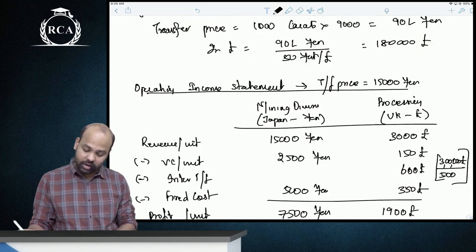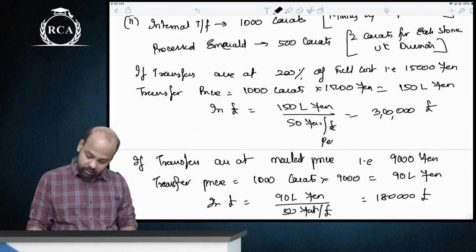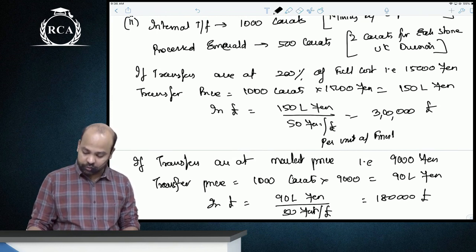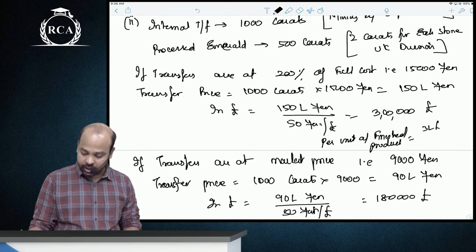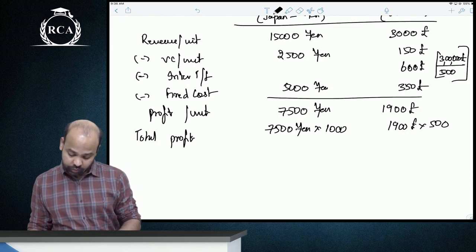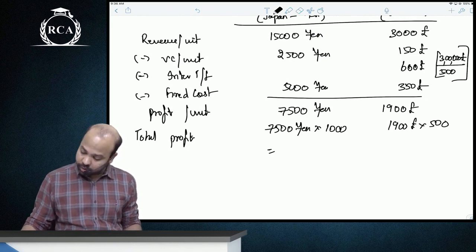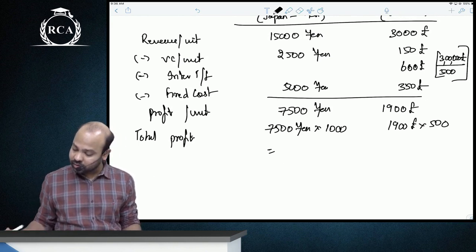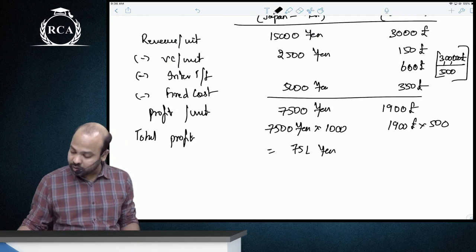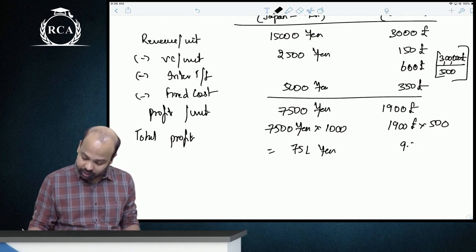That is why the internal transfer of 3 lakh pounds, per unit of finished product, is 3 lakh pounds divided by 500, which is 600 pounds. You can write that statement there if you wish. So the total profit here is 7,500 into 1,000, which is 75 lakh yens, and this is 1,900 pounds into 500, that is 9,50,000 pounds.